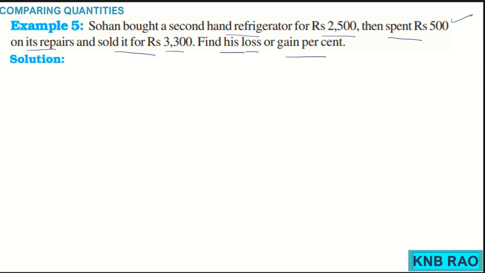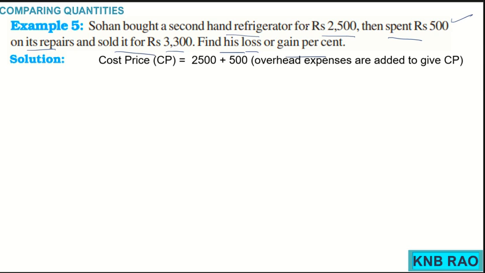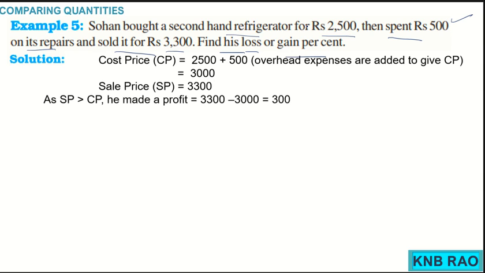See children, first of all, cost price includes overhead charges, that is 2500 plus 500 is 3000. Now the sale price here is 3300. As SP is more than CP, he made a profit of rupees 300, which is the difference between 3300 and 3000.